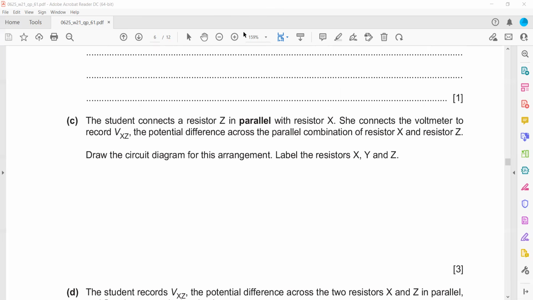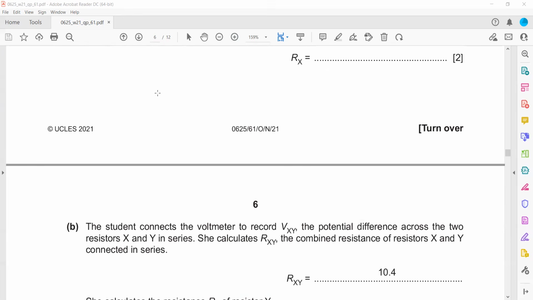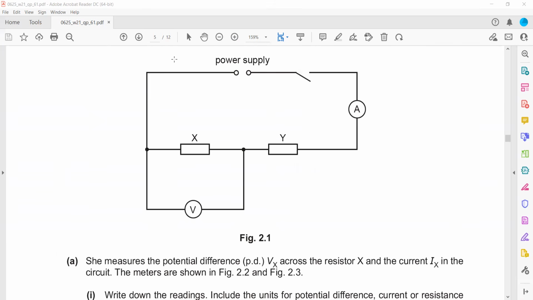As they mentioned, a resistor Z is connected in parallel to resistor X. So I need another resistor parallel to X, so resistor Z.